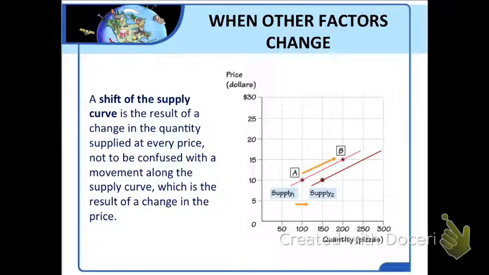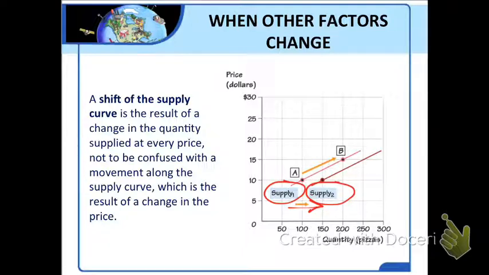This is represented by the shift from supply 1 to supply 2. A shift of the supply curve is always the result of something other than a change in the price of the good, such as a change in production costs. Depending on the situation, the supply curve can shift to the left or to the right.